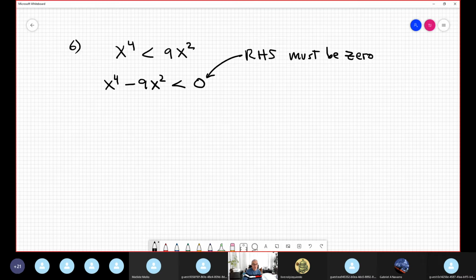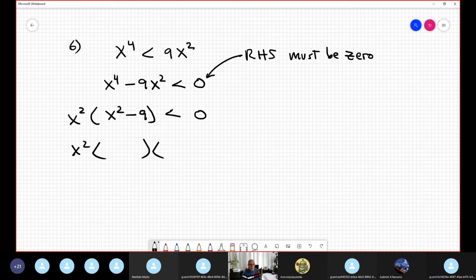Factor the polynomial on the left hand side. The greatest common factor is x squared, leaving x squared minus 9. Now continue factoring. The difference of squares is x plus 3 and x minus 3.